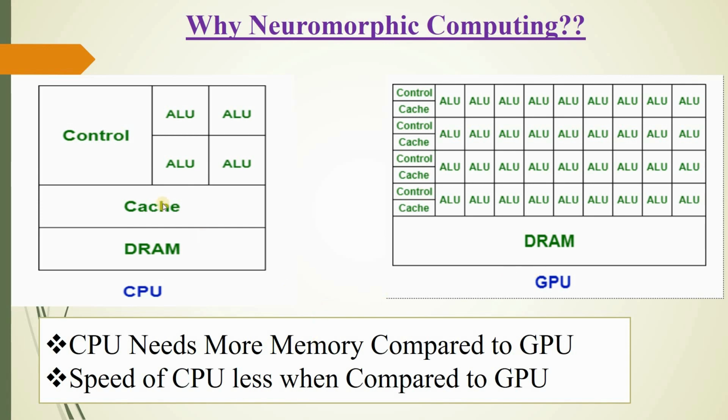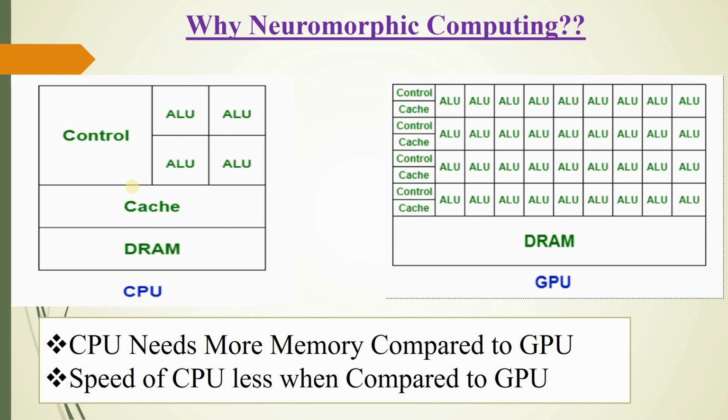Here the memory and the processing unit are two separate entities in CPU and GPU. So every time you must process data, you send data back and forth between these two units. The transmission of data consumes a lot of energy, and it will create delays.